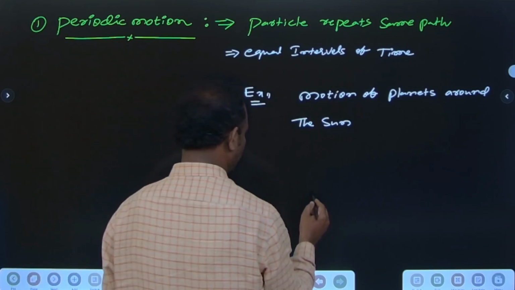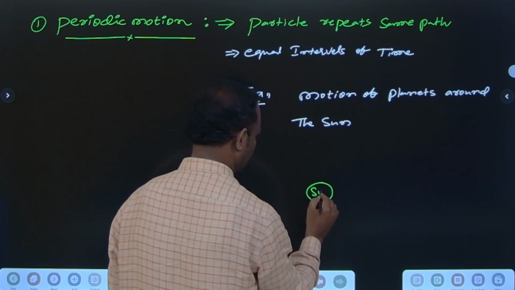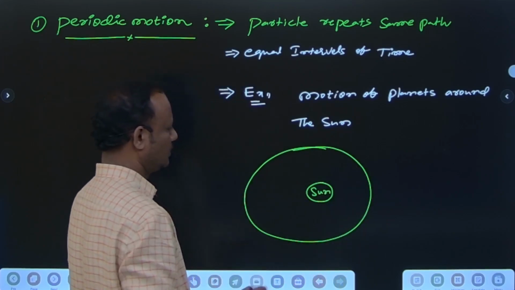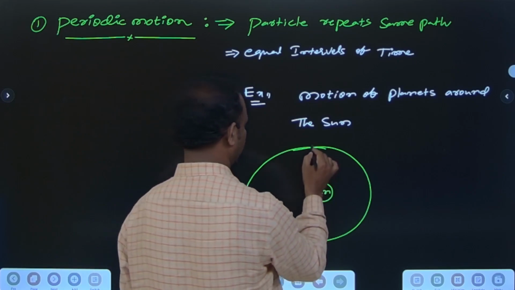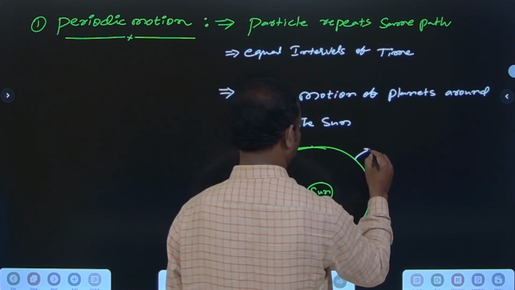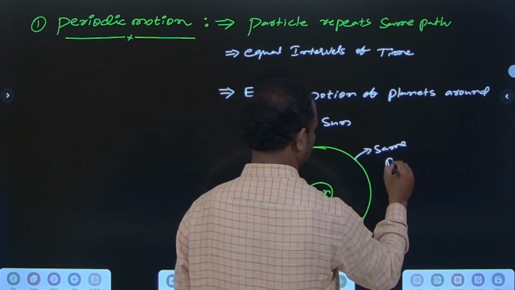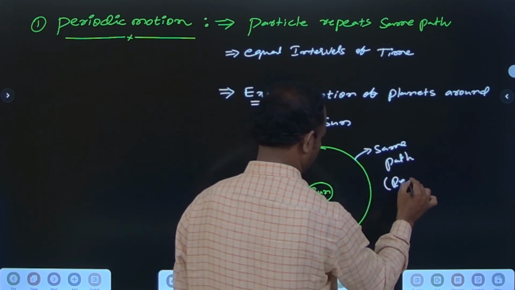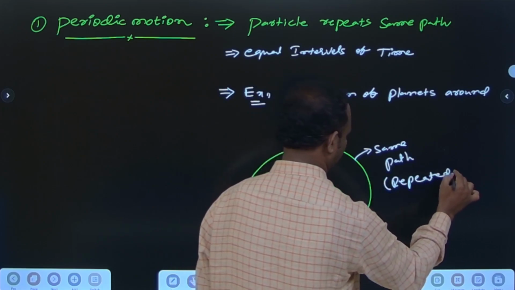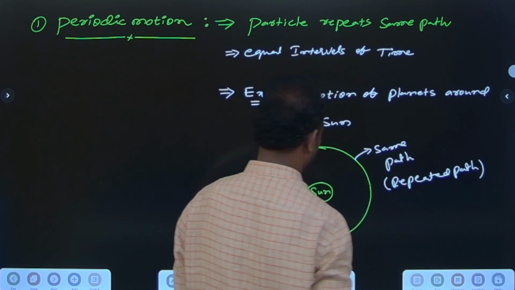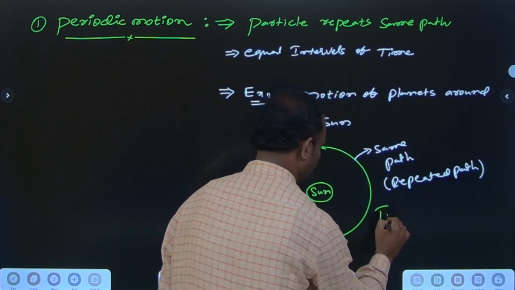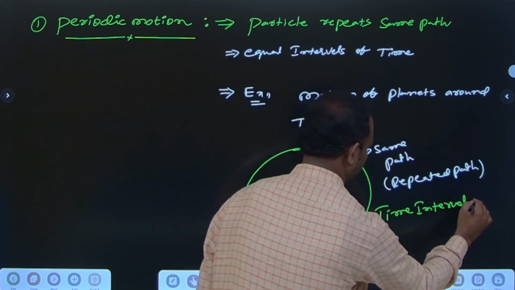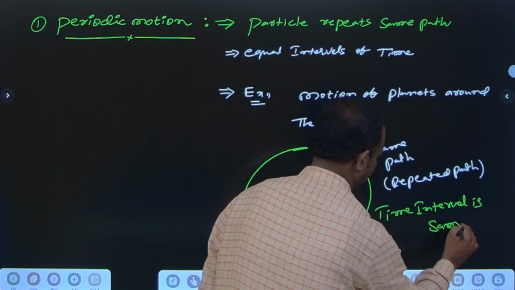So this is the sun, okay. Here planets are revolving around the sun. In equal intervals of time, the path is the same. Same path means repeated path, and the time interval is the same.